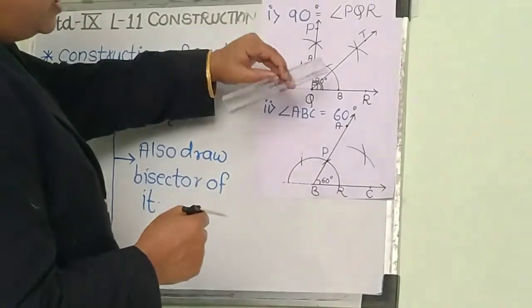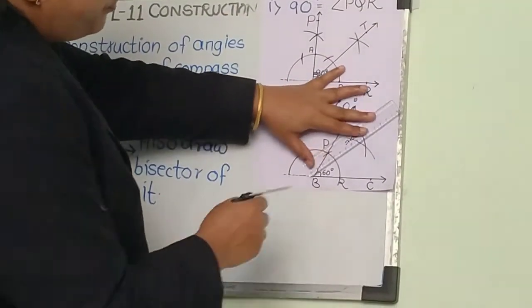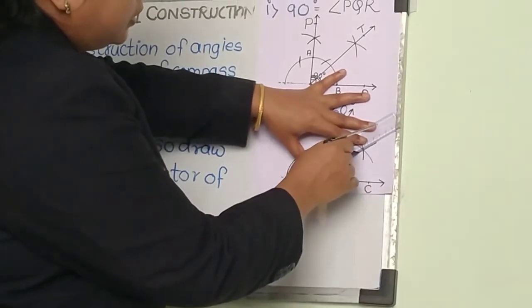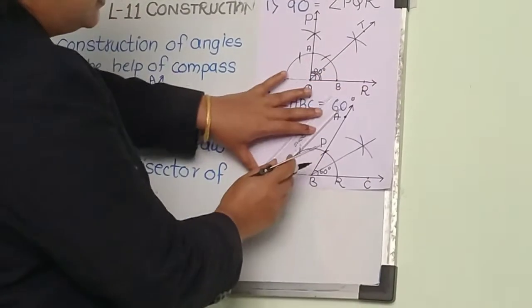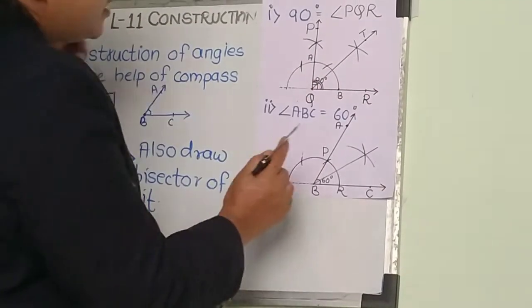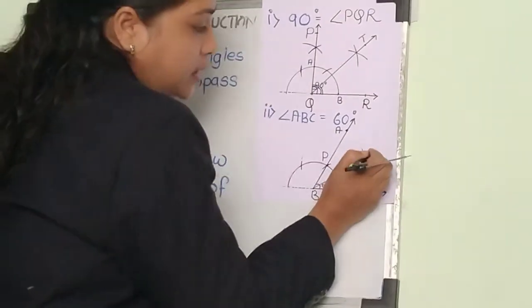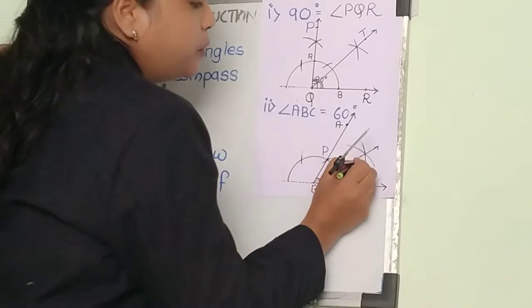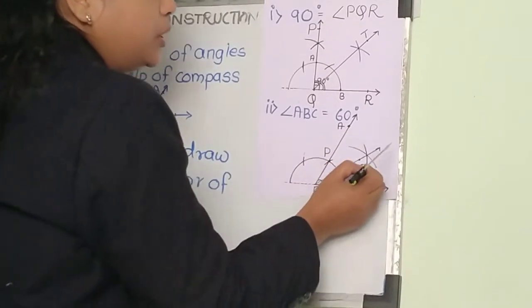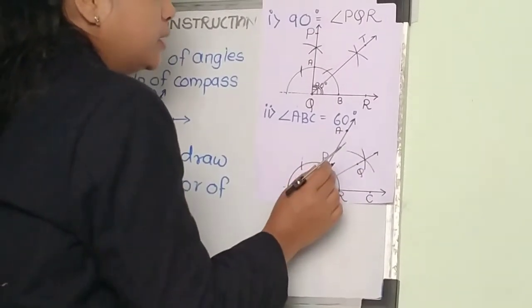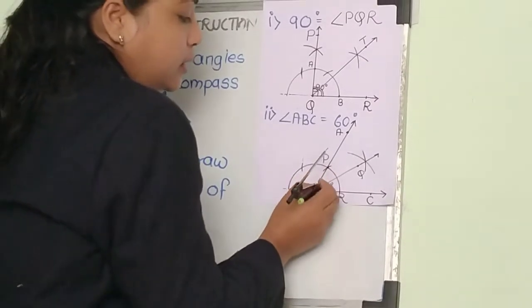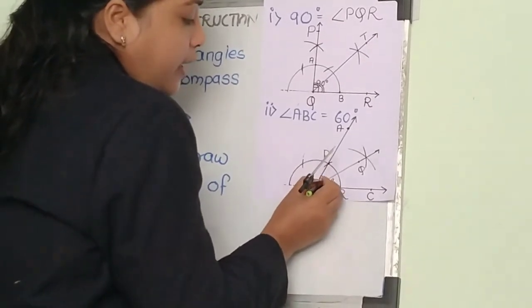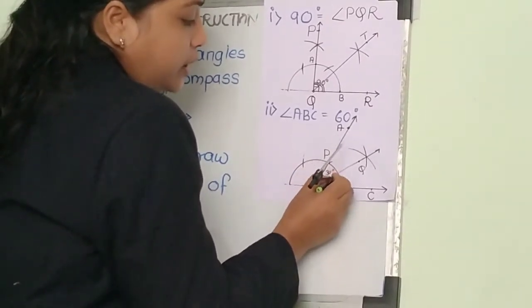And now we have to draw the ray passing through this point. So here suppose I will write the point Q. So BQ is the angle bisector of the given angle, and here we get each of 30 degrees.